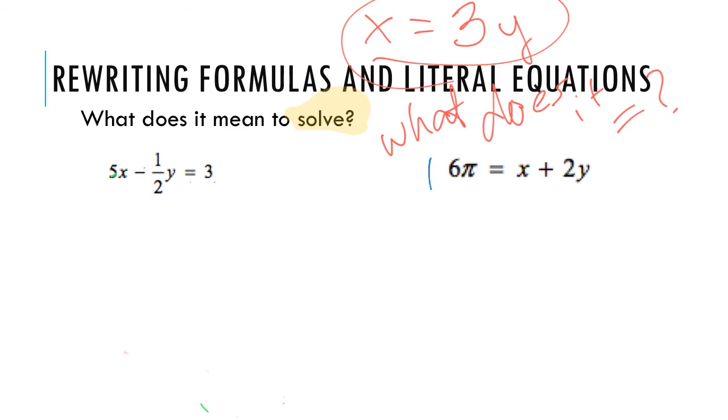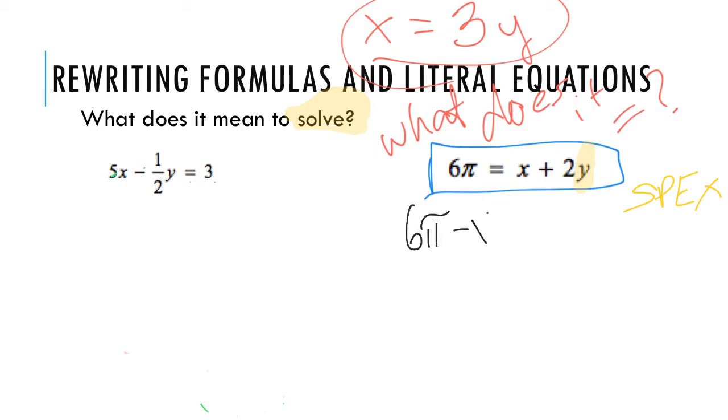So now let's look at this problem. This one, again, I'm going to solve for y. First thing I'm going to do is subtract x. So I have 6 pi minus x equals x minus x plus 2y.